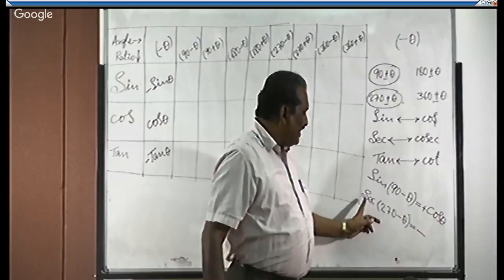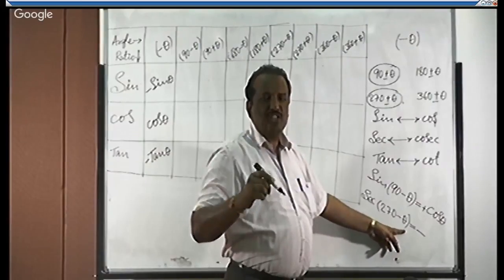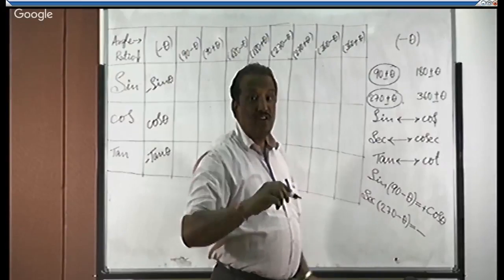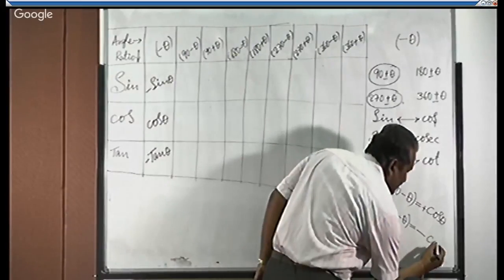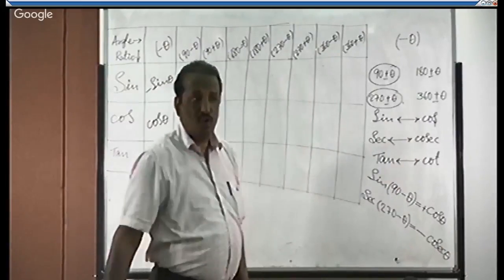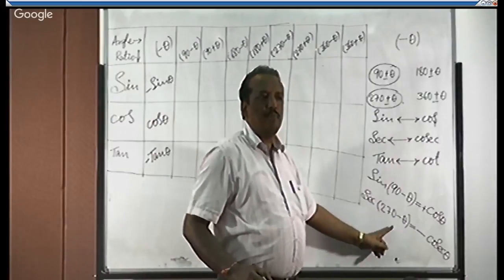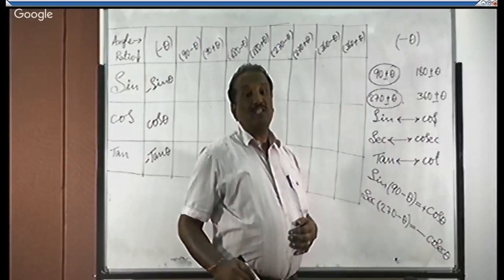So we have connected secant for 270 minus theta. According to the convention we follow, whatever function is on the LHS, write its co-function on the RHS. Therefore, it is cosecant theta. For secant, the co-function is cosecant. Therefore, secant of 270 minus theta is equal to minus cosecant theta.